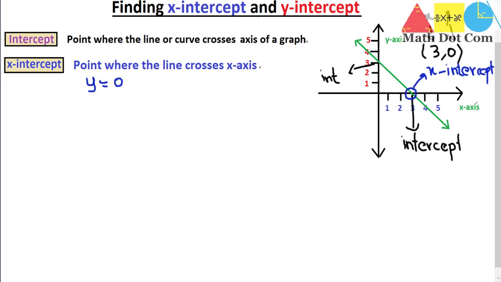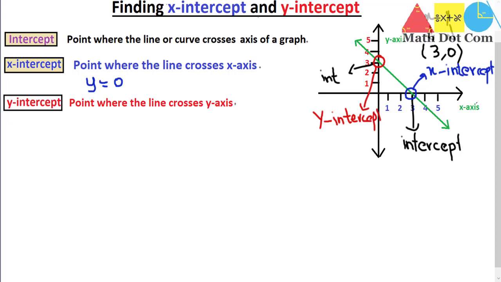Then we will find the y-intercept. What is the y-intercept? The y-intercept is a point where the line crosses the y-axis. Now let's move towards the graph. This green line is crossing the y-axis at this point, and this point is called the y-intercept. Keep in mind that on the y-axis we always have x equals 0. So this point is the y-intercept, and its values will be (0, 3).